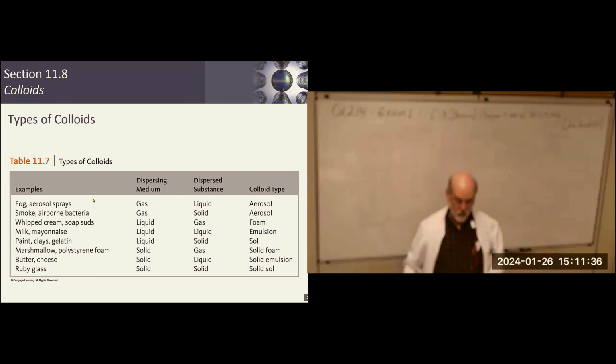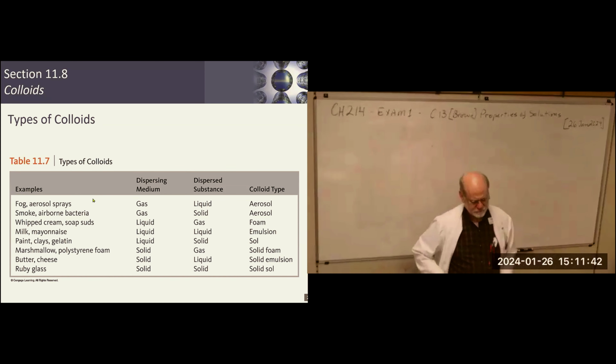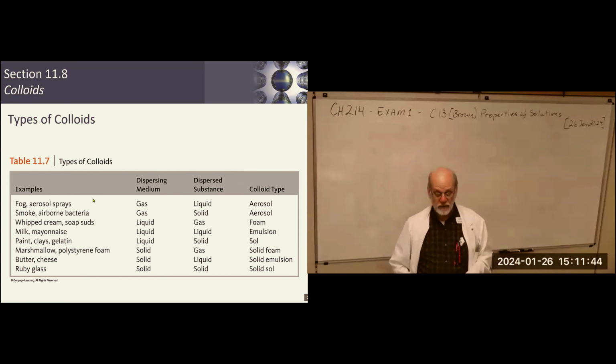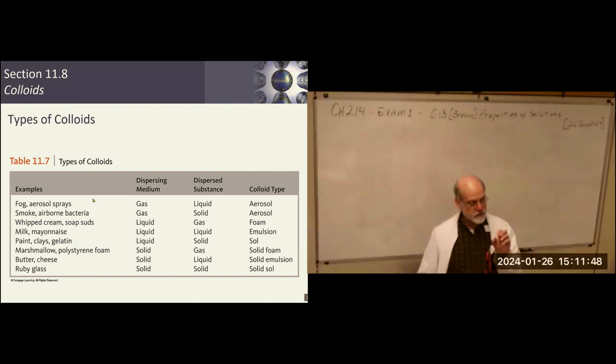Now we have different types of colloids that can form. Some of them are natural and some of them are man-made. Fogs. I drove through a bunch of fog this morning. A fog has a dispersing medium of a gas, that's the air, atmosphere, and the dispersed substance is a liquid. It's very, very tiny drops of water condensation.